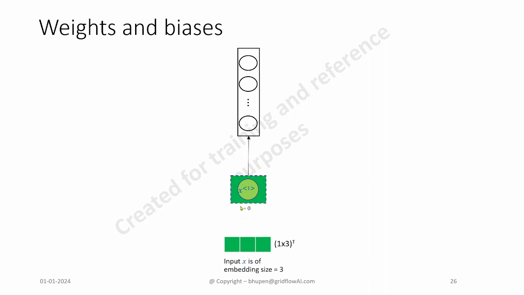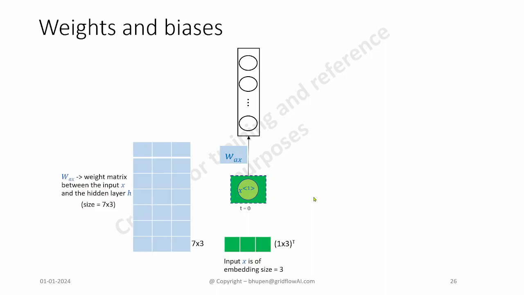So let's say x1 at time step 0, and let's say x1 is defined with a dimension of 3, for example. So this word will be a 1 times 3 vector, and this needs to be multiplied with the weights matrix, and this weights matrix is connecting the layer with the input.